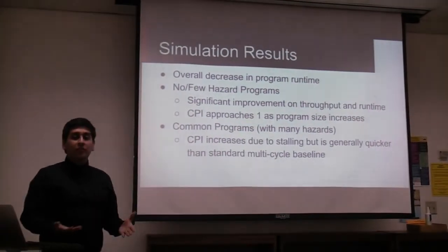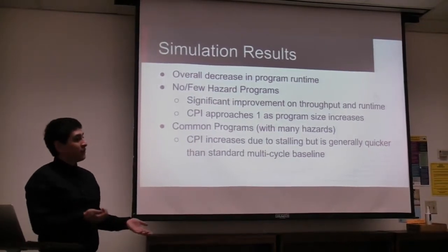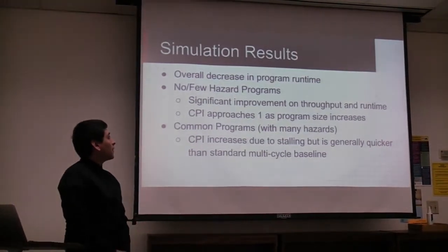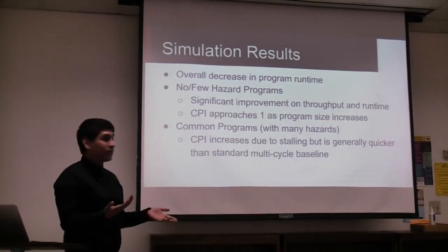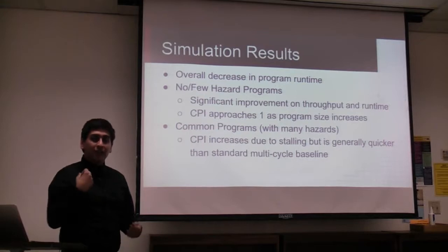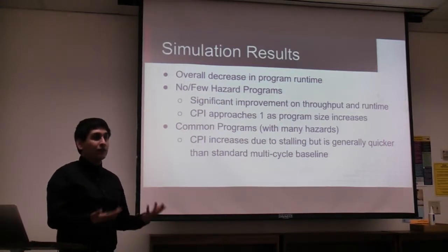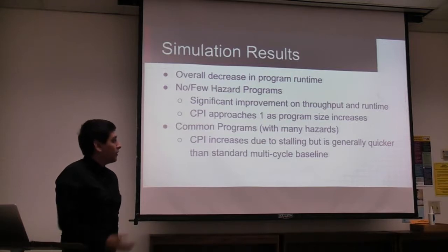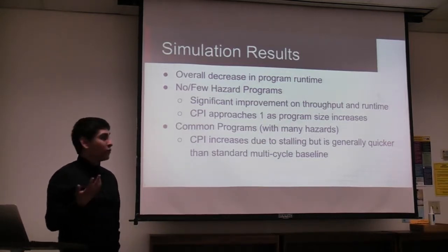With our simulation results, we did see an overall decrease in program runtime. We ran a couple programs with a few noted hazards, and of course there's a significant increase in throughput and a decrease in runtime. Theoretically, the clocks per instruction would approach 1.